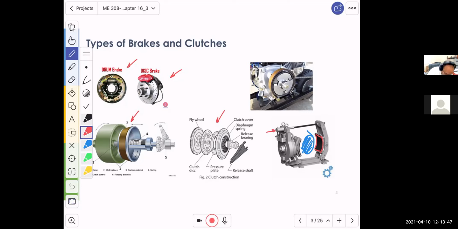Same thing here. You have an actuator on the disc to alternate this pad being in touch with the disc and not. Same thing here. The mechanism in a drum will actuate the shoe to expand, and then, as I said, be under friction with the surface and dissipate the energy.